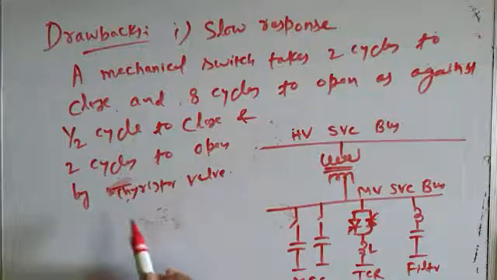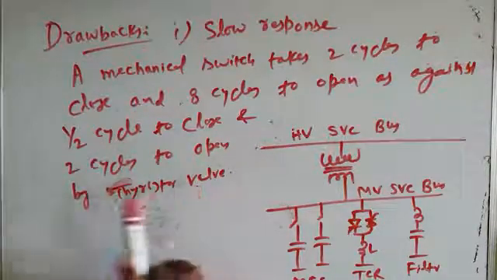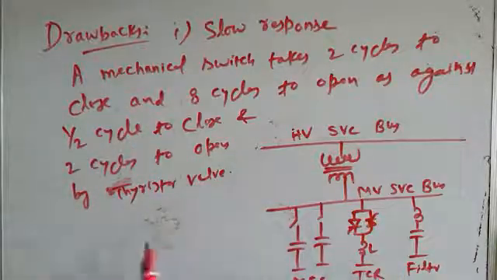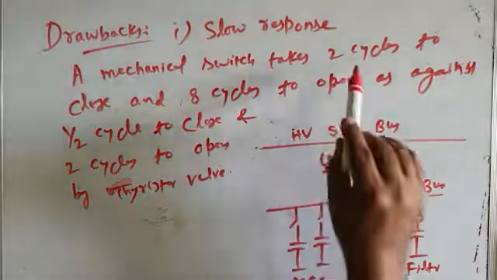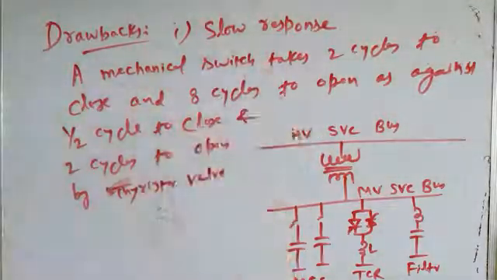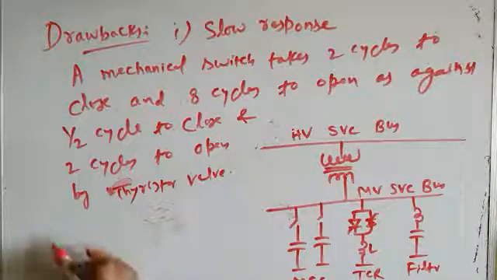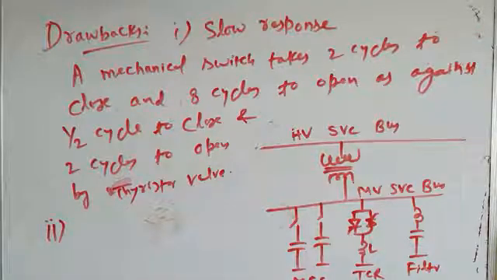A thyristor valve closes very quickly in half a cycle and opens in just 2 cycles, whereas a mechanical switch takes 2 cycles to close and about 8 cycles to open. So whenever you need quick closing and quick opening, that is not possible with MSC TCR SVC. Therefore, it finds its applications where a fast response is not required. This is one main drawback.